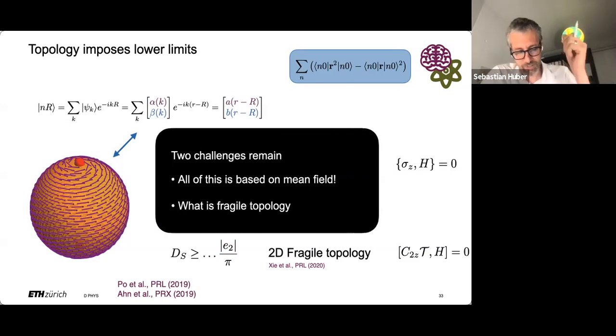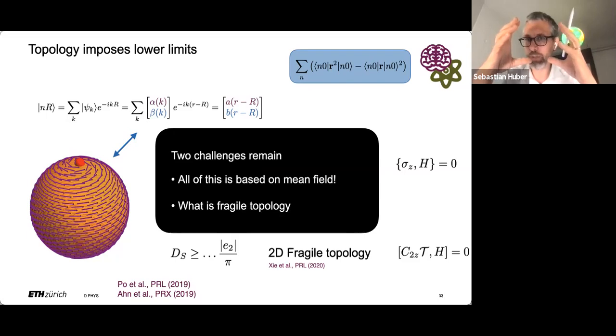So with that, I would say all good, but not, because there is one issue, that all of this was based on mean field, because I derived this formula where the band geometry popped up by assuming some ground state of my system.